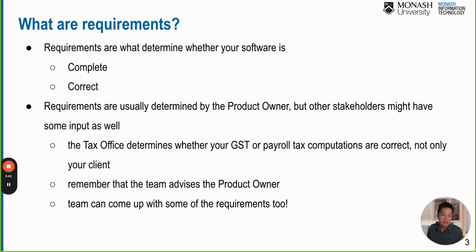The team can come up with some of the requirements too. So when the product owner talks to the stakeholder, they need to identify, say, a tax calculator table, and then the development team can discuss with the product owner to come up with their own features as well.